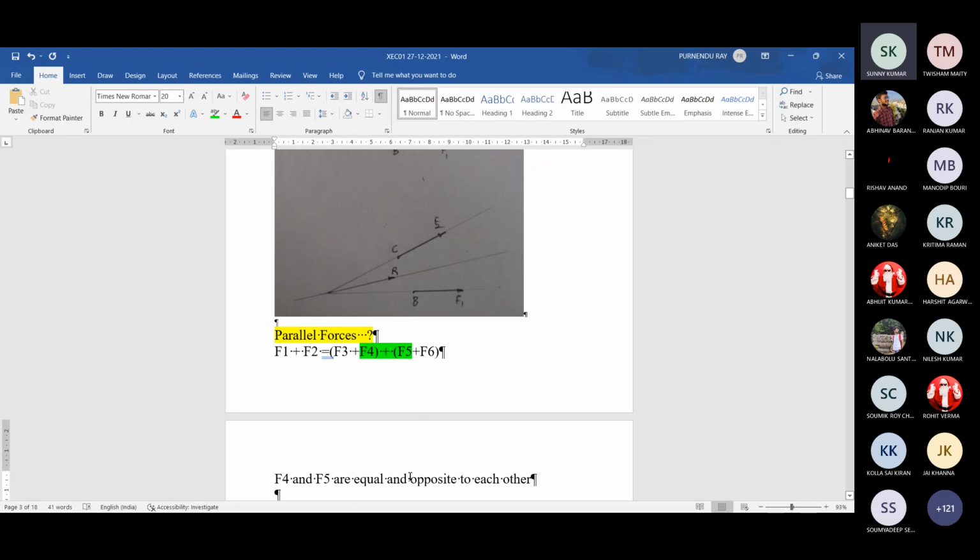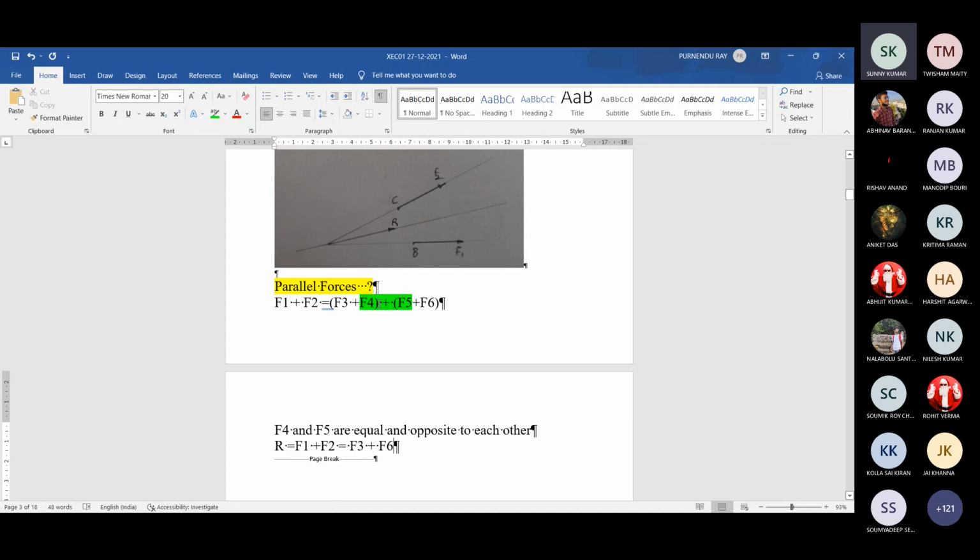Then the resultant R is F1 plus F2, which is equal to F3 plus F6. Okay. Now what do we get from this? Resolving the forces F1 and F2, we get these two forces, F3 and F6, and the resultant force R corresponding to the two parallel forces F1 and F2 is F3 plus F6. Now are these forces F3 and F6 parallel to each other?